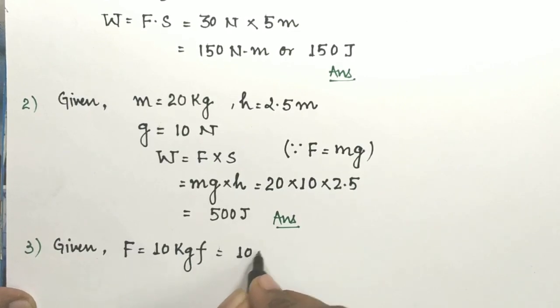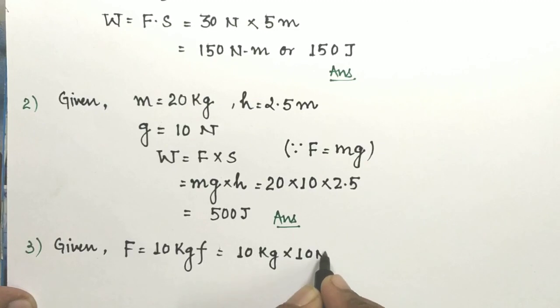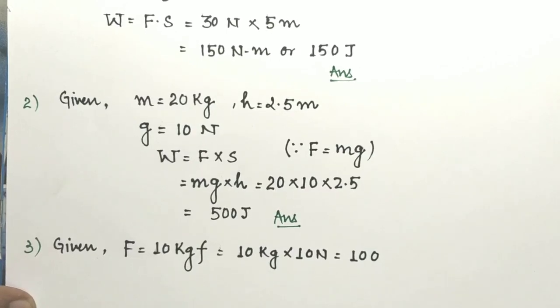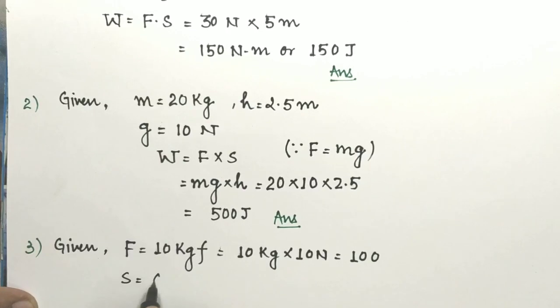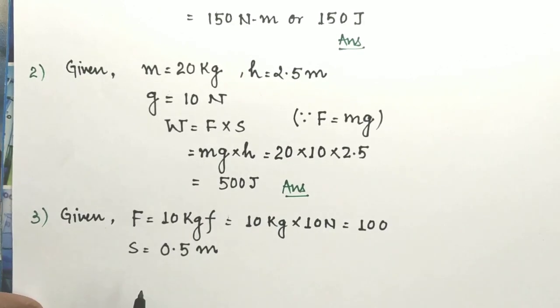So 10 kg will be multiplied with 10 Newton of force, it will be 100 Newton. And it moves a distance of 0.5 meter. Here the displacement is 0.5 meter. So we have to calculate the work done.